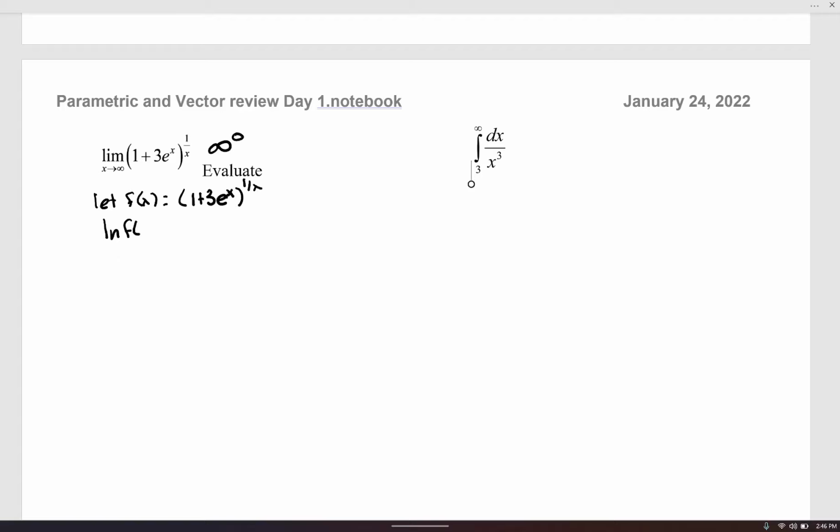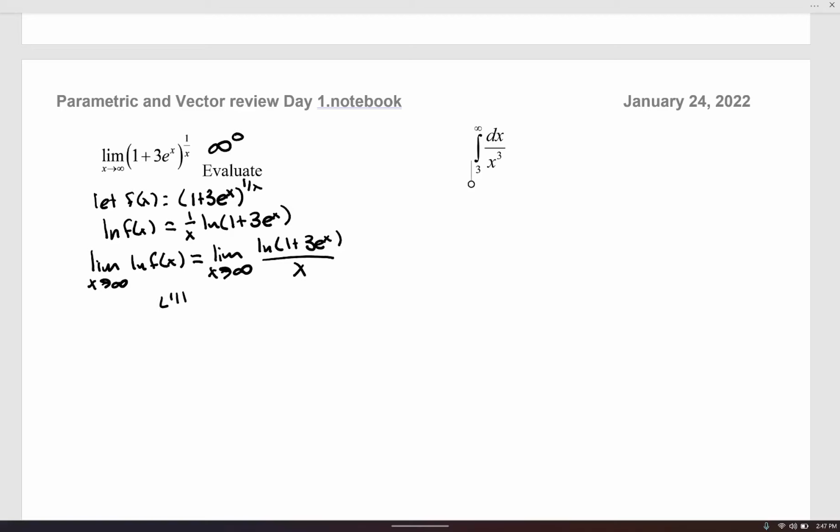So we have the natural log of f of x is equal to 1 over x times the natural log of 1 plus 3e to the x. And then we introduce the limit into this. The limit as x approaches infinity of natural log f of x is equal to the limit as x approaches infinity of the natural log of 1 plus 3e to the x, over x.